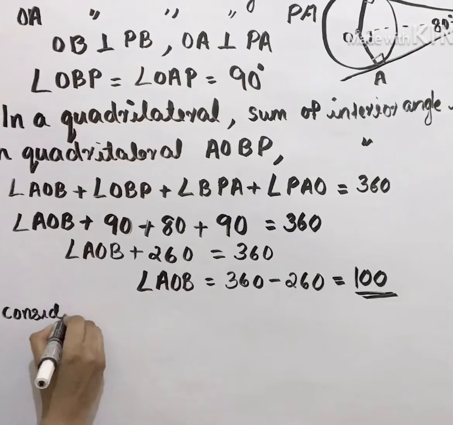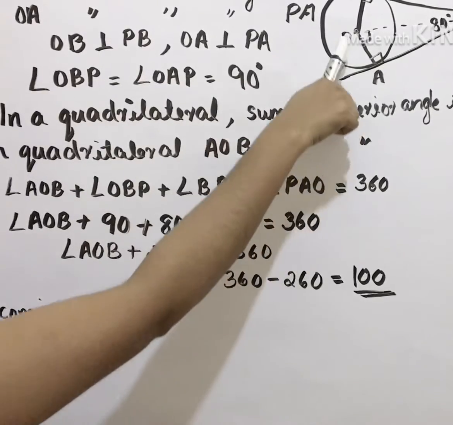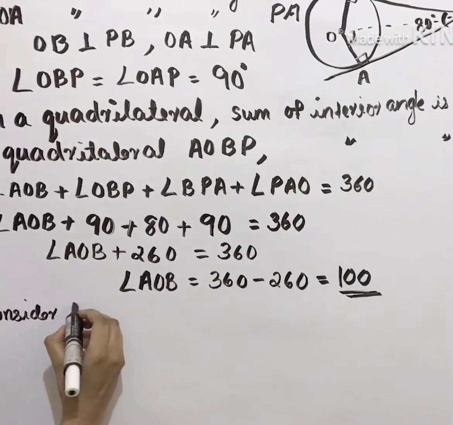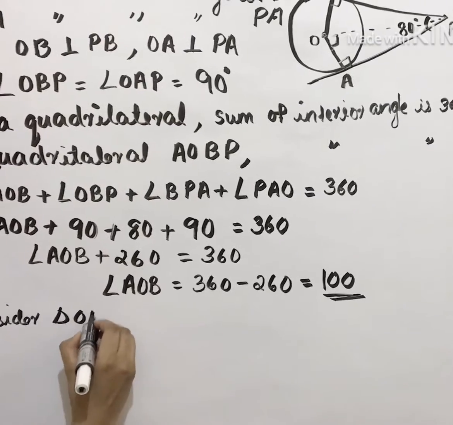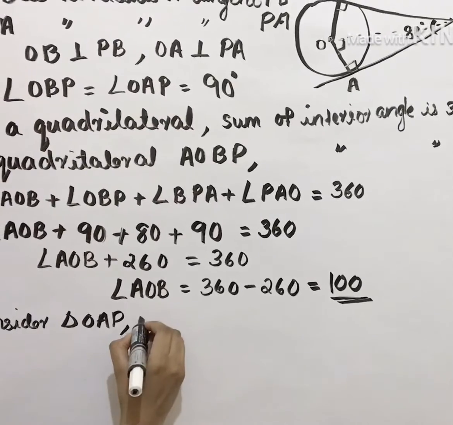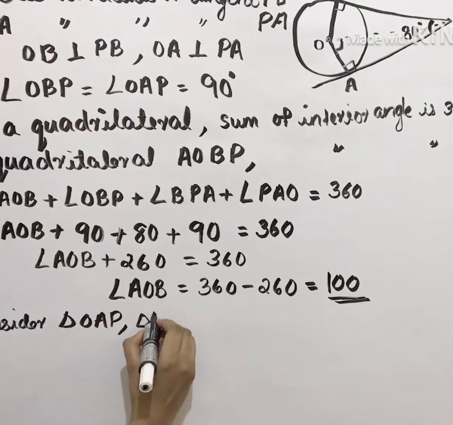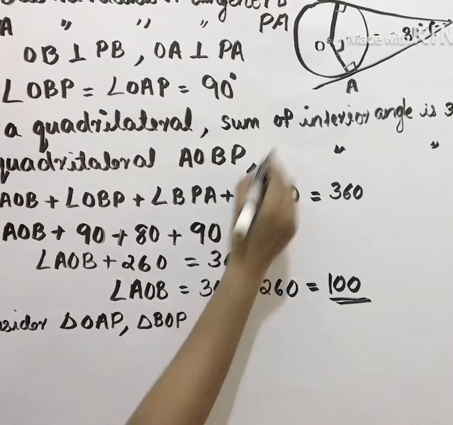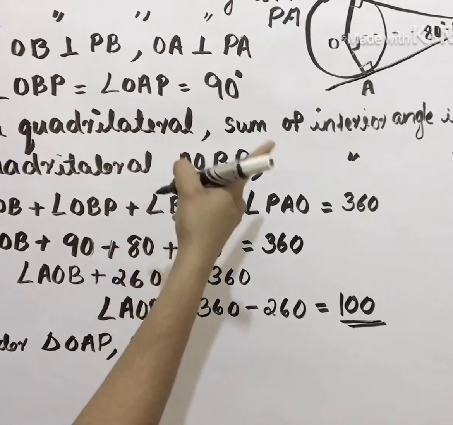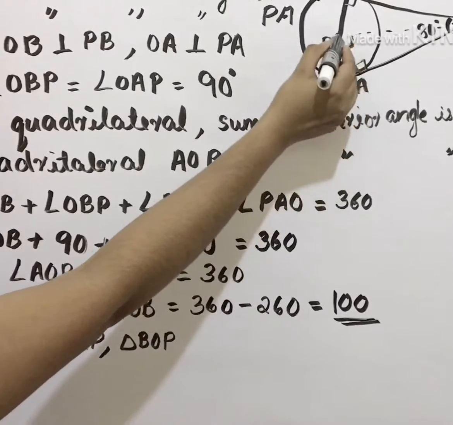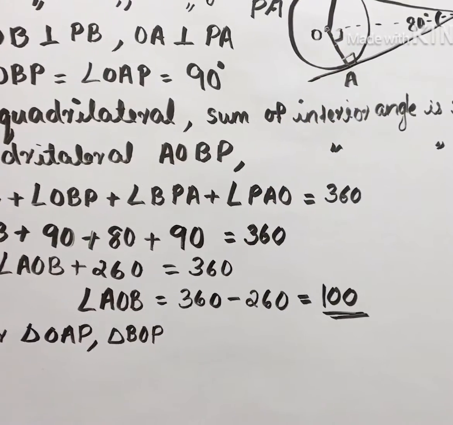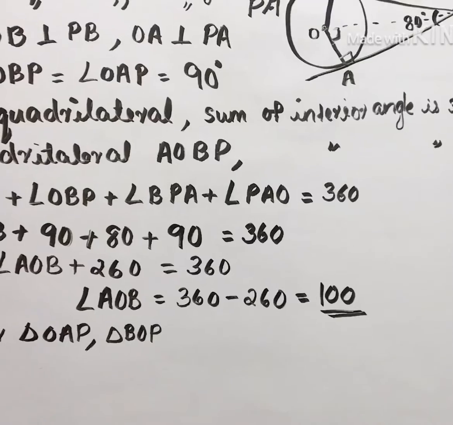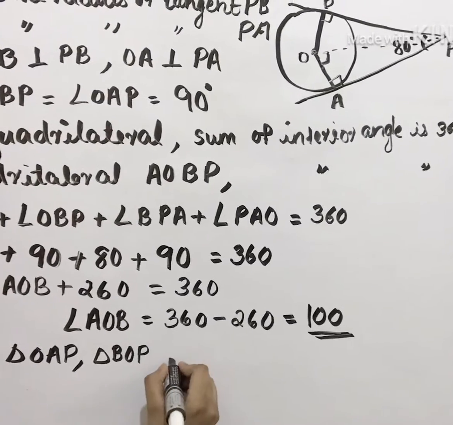Consider the two triangles OAP and BOP. In these triangles, OA and OB are the radii of the circle, therefore they are equal.